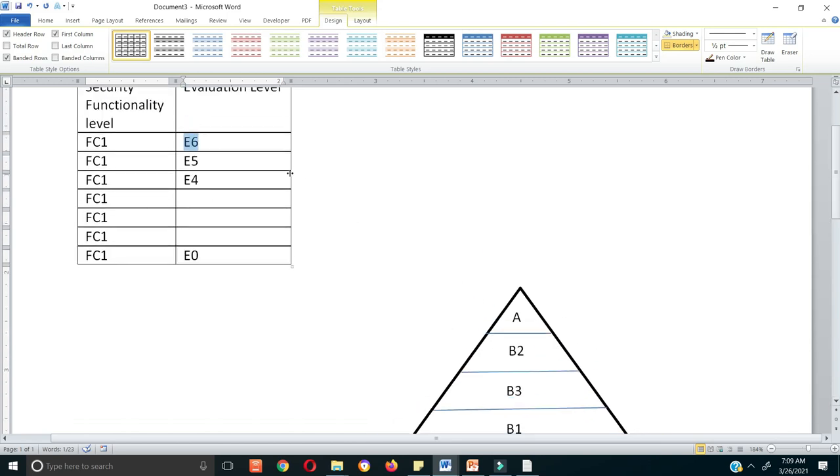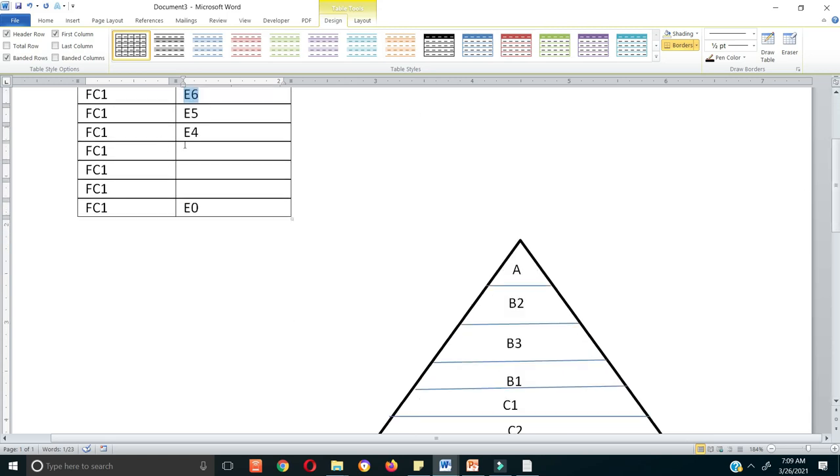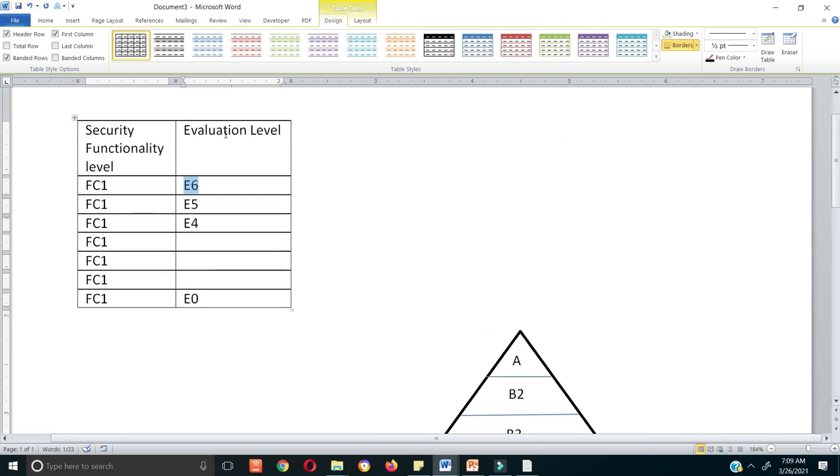Then of course, here you have more levels. You have 10 functionality levels, these FCs, and then you have 7 evaluation levels on top of that, which are further subdivided and hierarchical according to the level to which they satisfy.